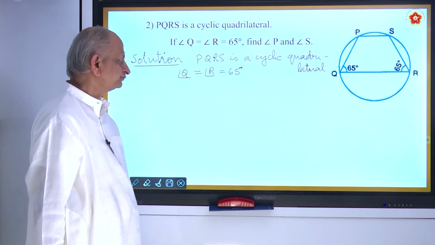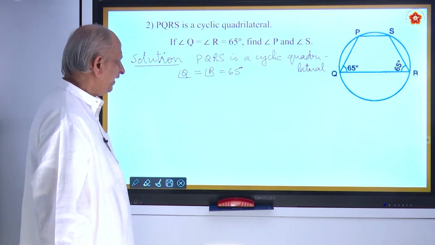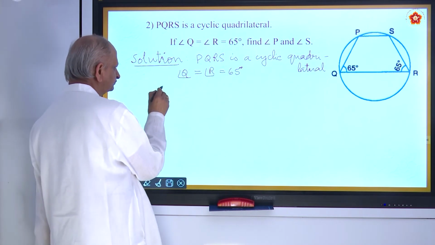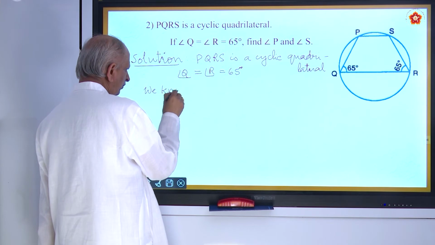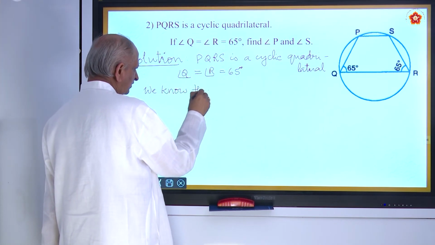Is it not? If Q is 65, what is S? S is 180 minus 65.